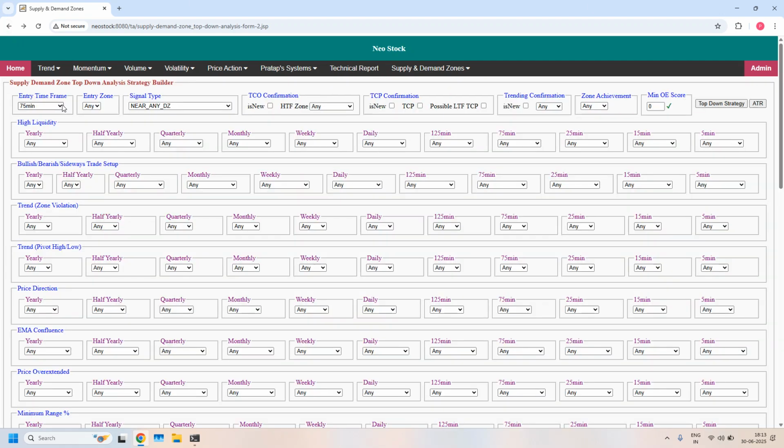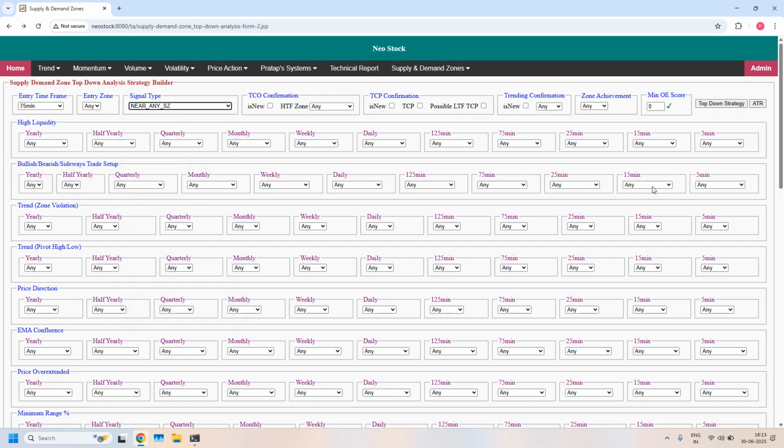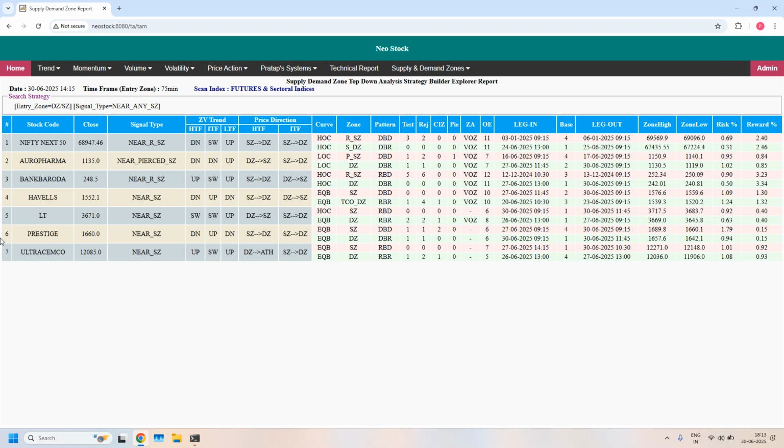Next, for 75 minutes time frame, stocks near to the 75 minutes supply zone, we got 7 stocks. Let us identify 75 minutes high liquidity supply zones from this list. NIFTY Next 50 is having a 75 minutes high liquidity supply zone, and it is also having a 75 minutes high liquidity demand zone.